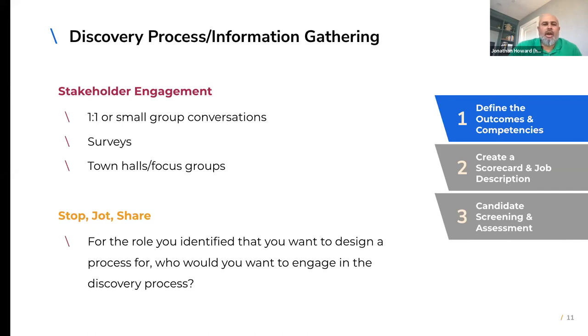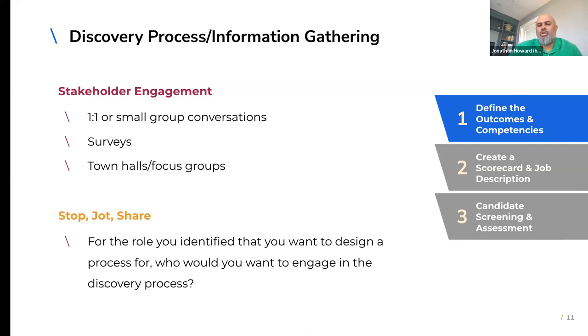When we're engaging with an organization to do a search, we spend a lot of time doing stakeholder engagement. That means having one-on-one conversations with key folks who have insight into the organization, what's going well, what the growth areas for the organization are, and what the needs are for this role.